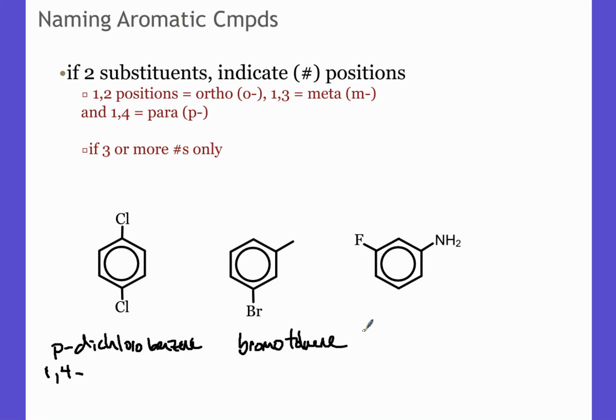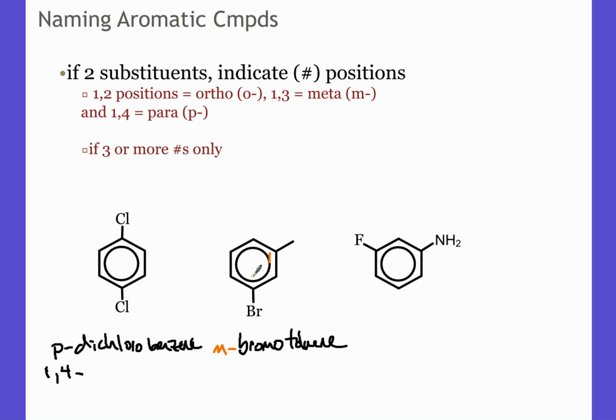and I can indicate that that bromine is off the number 3 carbon because it would have to be off the number 3 carbon because I have to use a 1 for my methyl if I call it a toluene. But otherwise, I don't even have to say 1, 3. I don't have to say that it's a 3-bromotoluene when I know that those positions are meta, right?